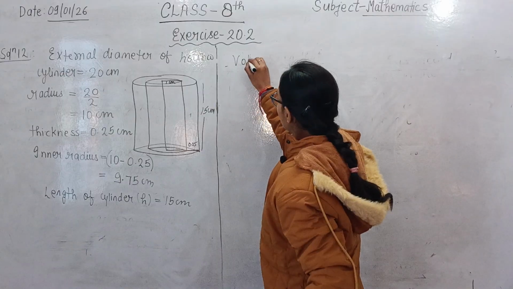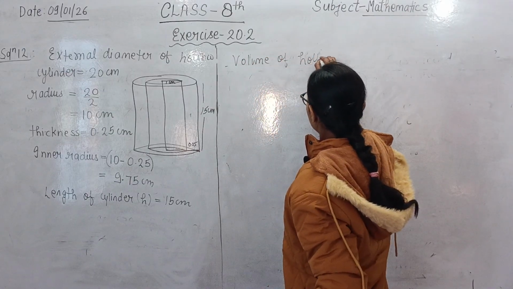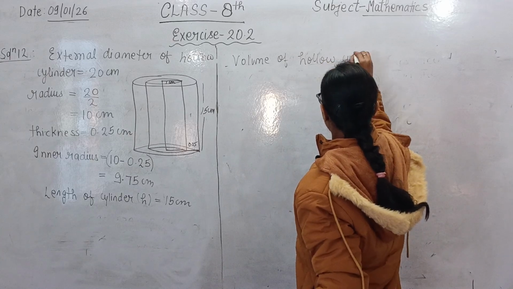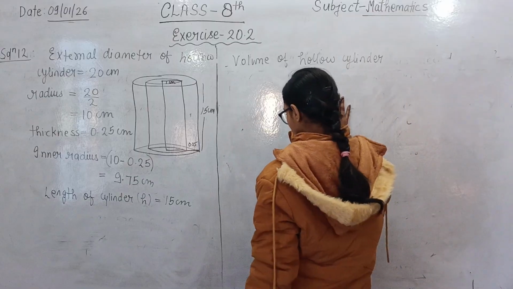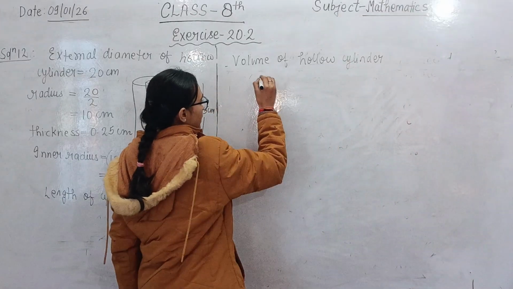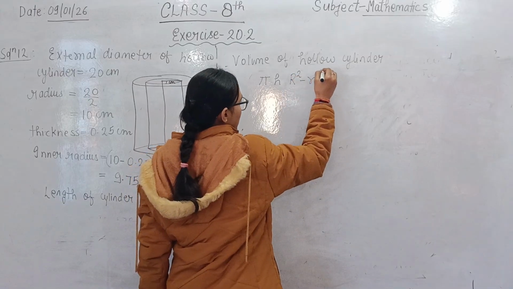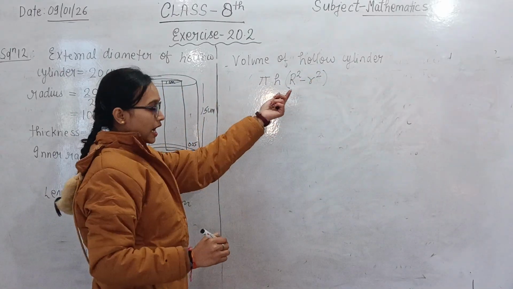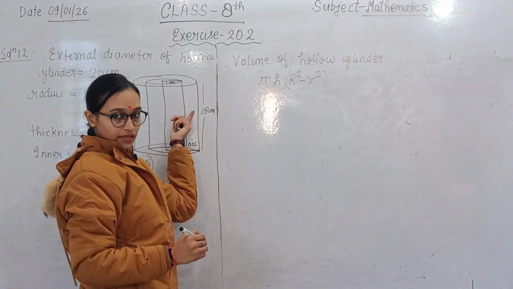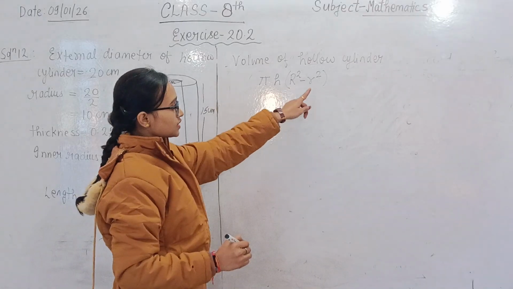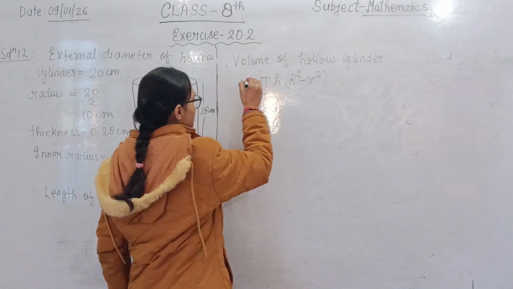Now we will calculate the volume of the hollow cylinder. Volume of hollow cylinder is pi h, capital R square minus small r square. Capital R denotes the radius of the external cylinder, that is the hollow cylinder, and small r indicates the solid cylinder which is inside the hollow cylinder.